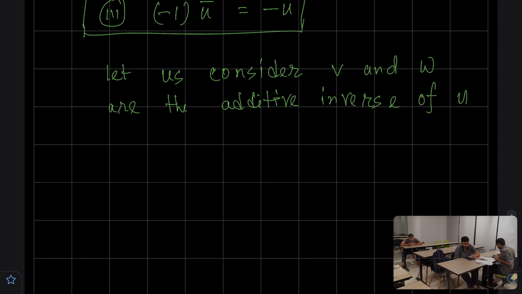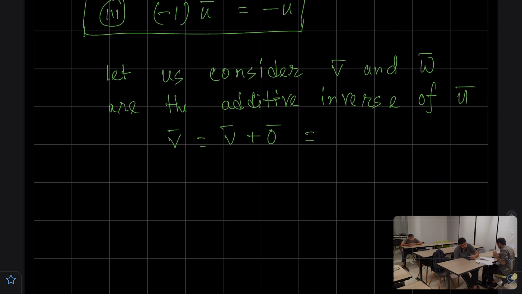So what I can do is start from V. Sorry, these are all vectors. Then V vector is equal to V vector plus 0 vector.